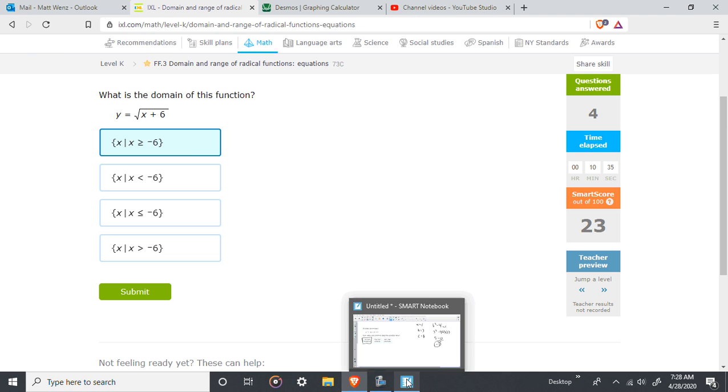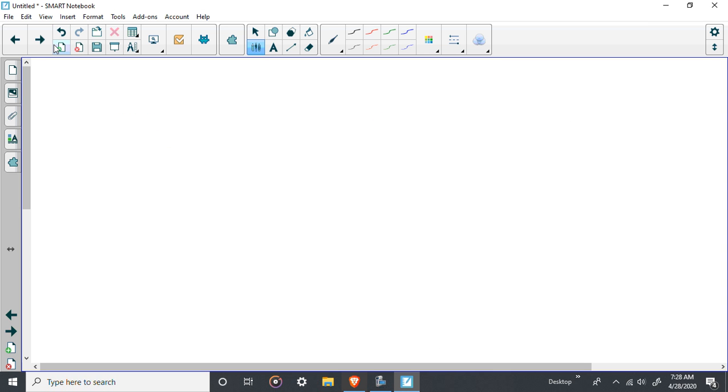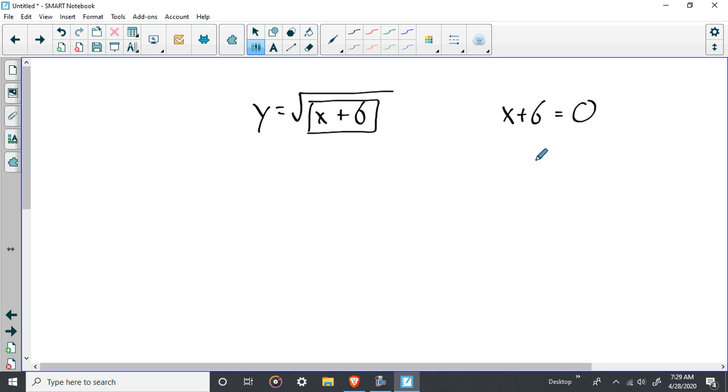Essentially what you're looking for, if I say y is equal to the square root of x plus 6, all you need to do to find out your domain is pop this out and set it equal to 0. Because remember, the square root of 0 is going to be our turning point. It's either going to be the biggest number we have or it's going to be the smallest number we have.